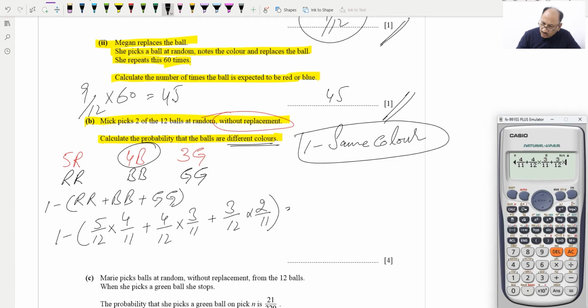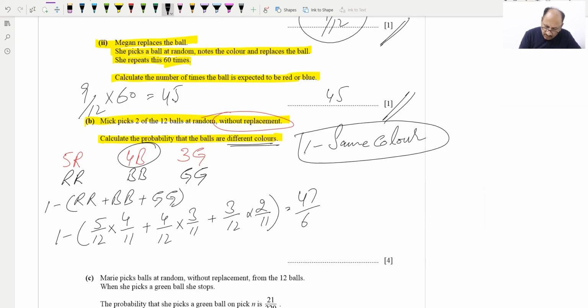We have made a mistake, so this should be 2 over 11 and bracket close, and this is giving us 47 over 66. 47 over 66 will be the probability, and this was the 4-mark question which we have done.